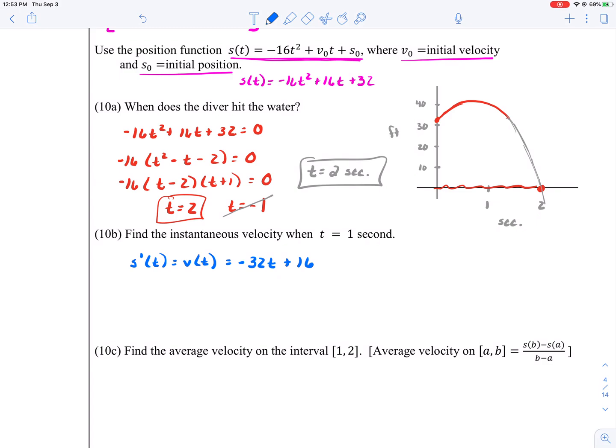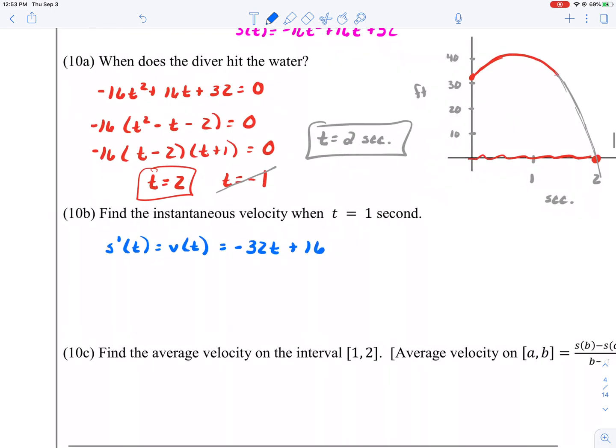So that's the equation that would give me any velocity at any time, but I want to know s prime of 1. You notice that I use the correct notation here, okay? You do need to label this. You can't just have this with no label. That matters. But now I'm going to label it as s prime of 1, which is v of 1.